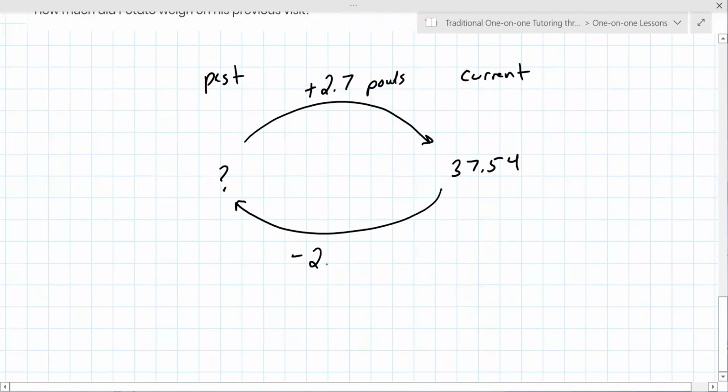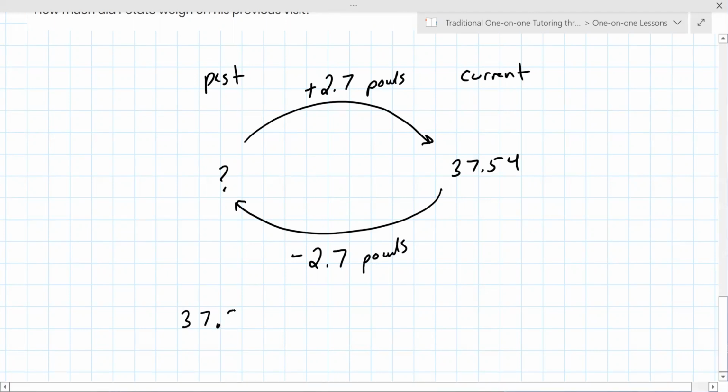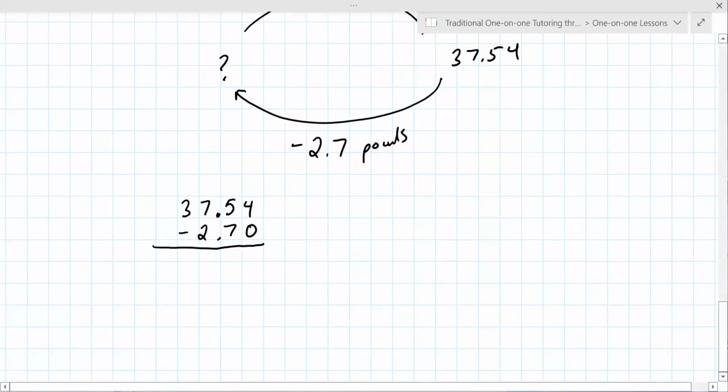So you subtract 2.7 pounds to go backwards. Sometimes the picture is very, very helpful. All right, so we're going to take 37.54 and subtract 2.7, and then you put a 0 here at the end. Will you give that a try, please? Yes.